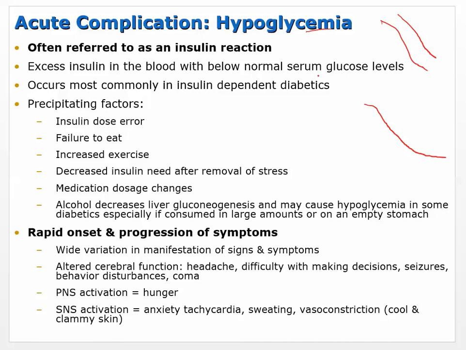Excess insulin in the blood with below normal serum glucose levels occurs most commonly in insulin-dependent people. And that's because of, and here are some precipitating factors, insulin dose error, which is what I just mentioned. They don't eat when they're supposed to eat, but they still take their insulin, and their insulin is trying to get rid of sugar that they didn't put in there.